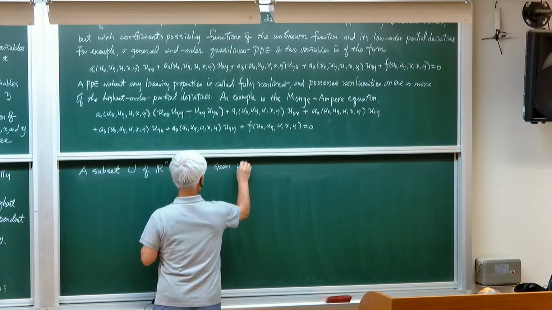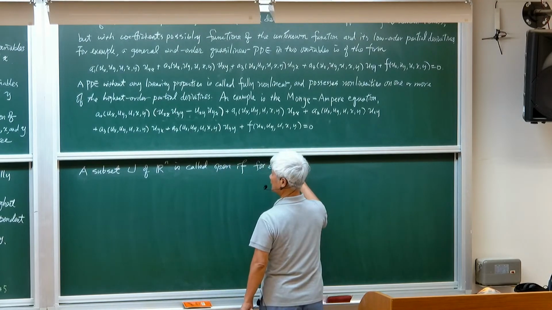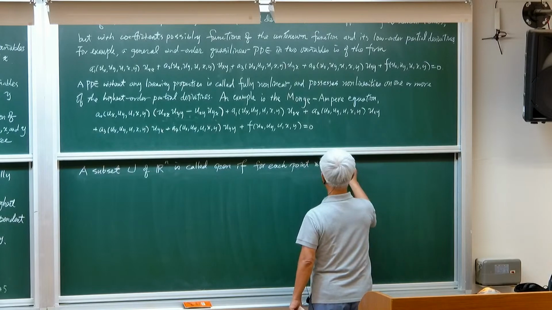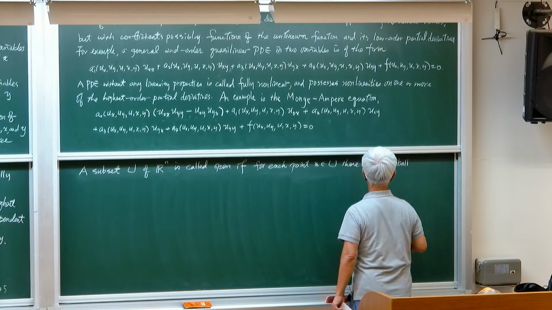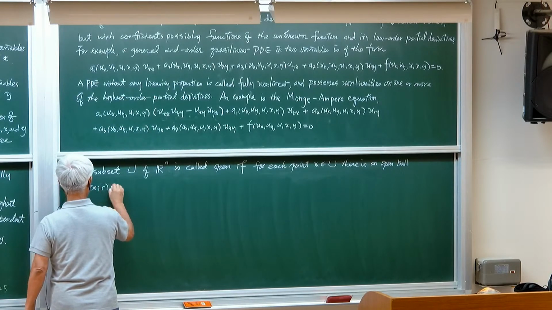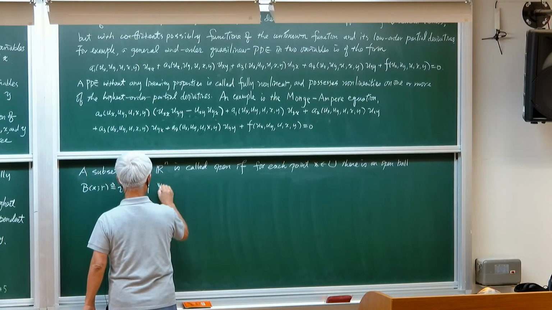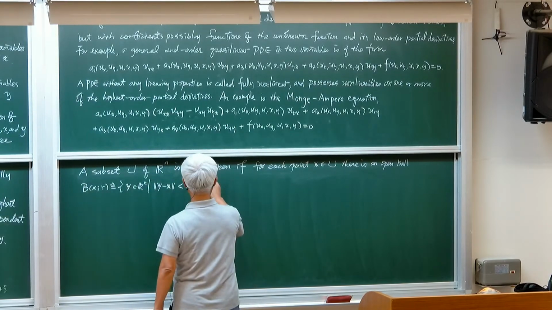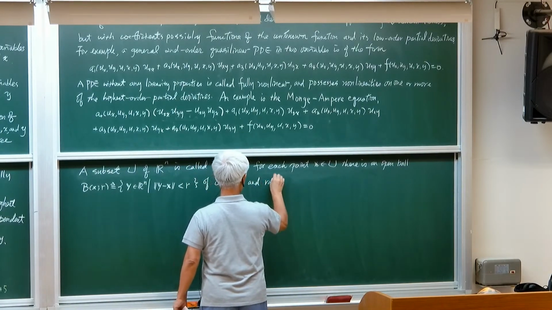So a subset U of an Euclidean space, or we just say a subset of R^n, is called open if for each point x in U there exists an open ball B, an open ball of center x and radius r.